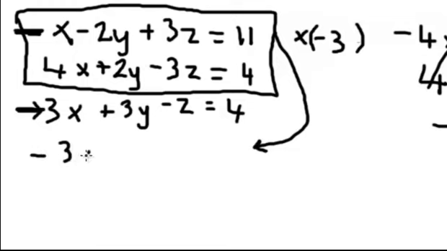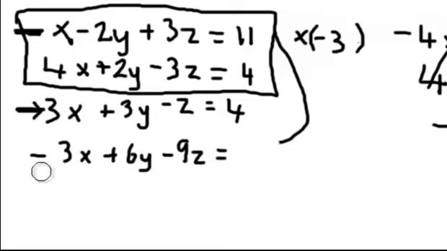Can you see that the x's will eliminate? Negative 2y times negative 3 is positive 6y. And positive 3z times negative 3 is negative 9z. And 11 times negative 3 is negative 33.